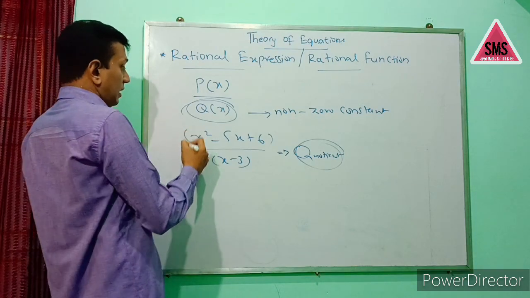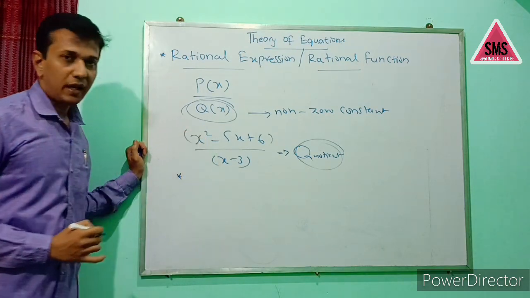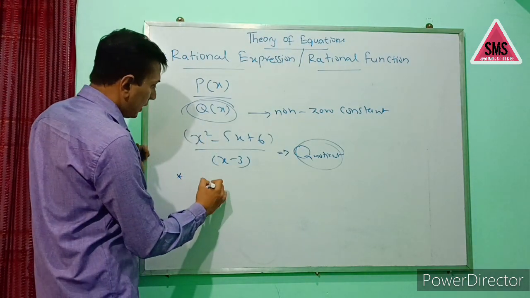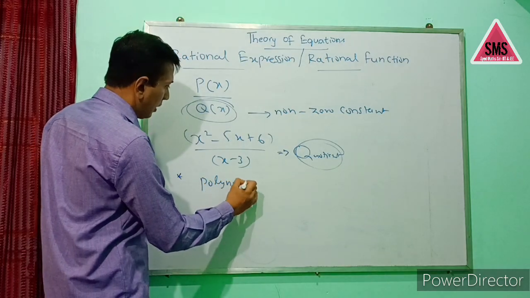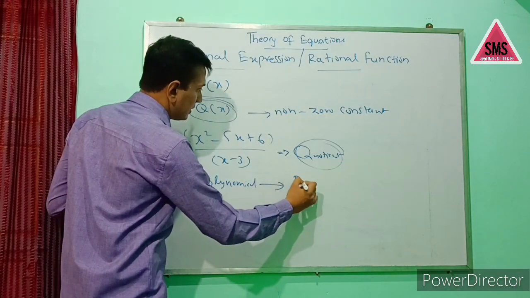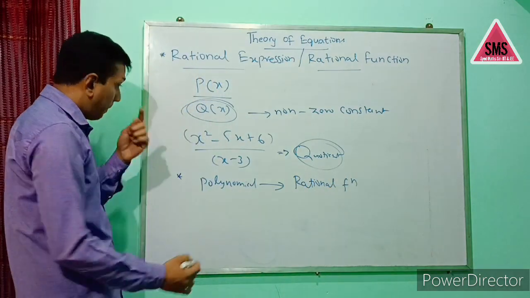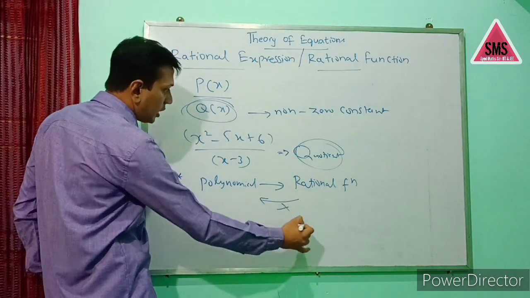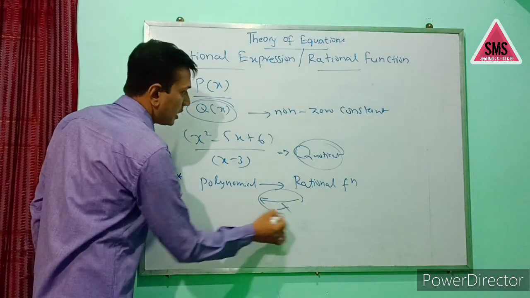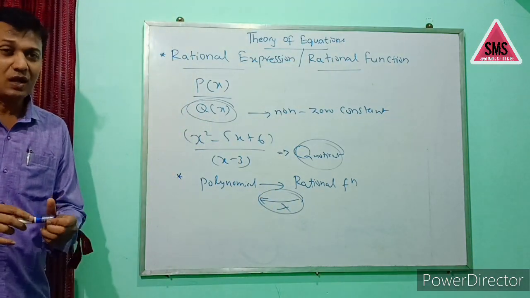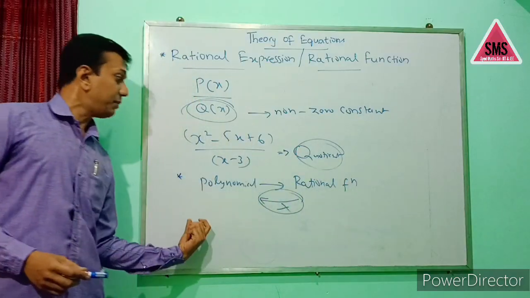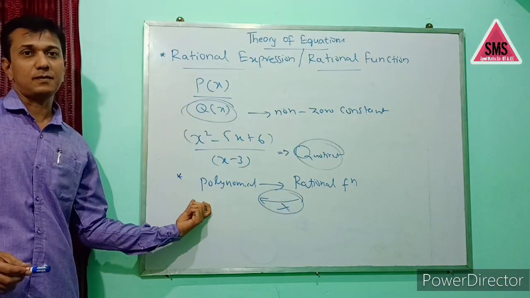That means we can make a note point here. Every polynomial can be written as a rational function or rational expression, but the converse is not true. What is the meaning of converse is not true? The rational function cannot always be written in the form of a polynomial function.